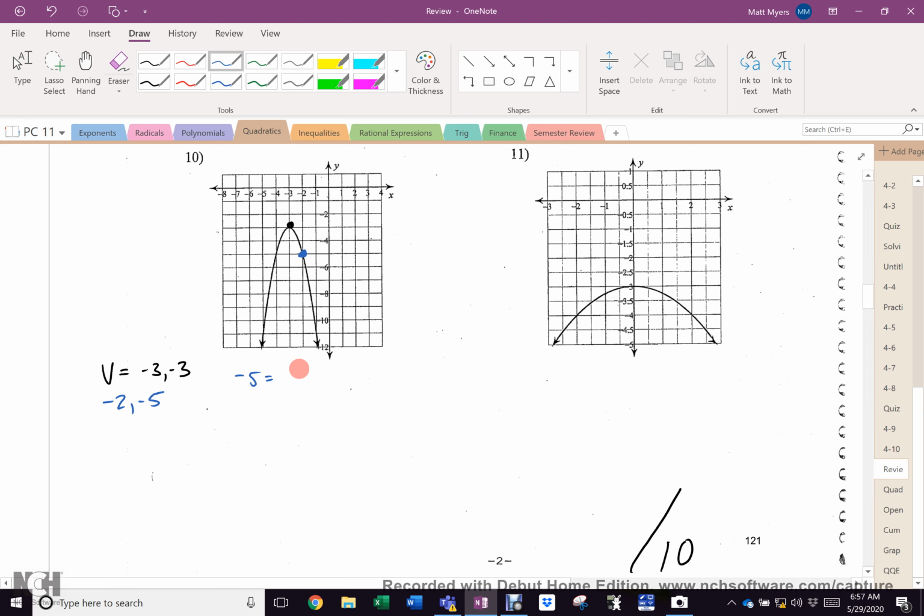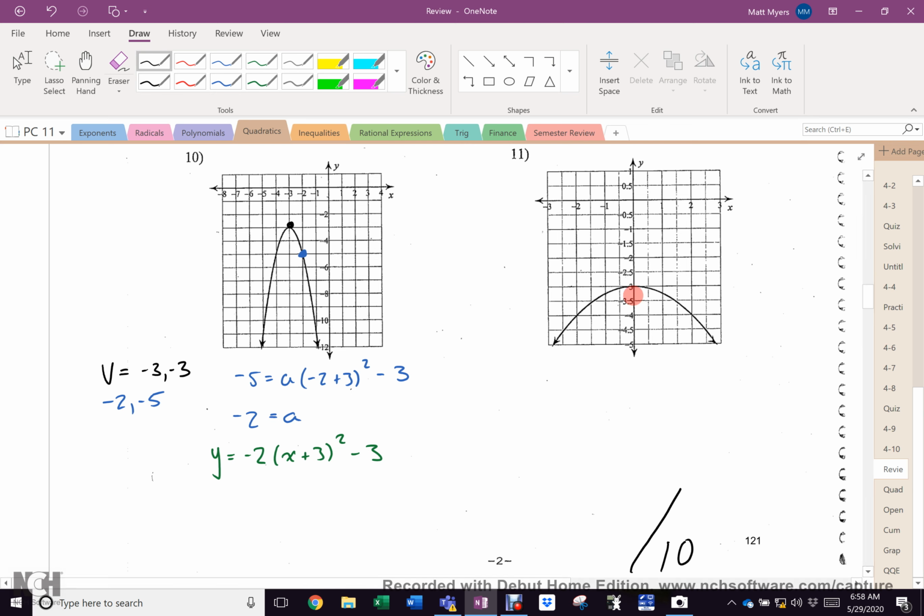Negative 5 equals a(x plus, not x, negative 2 plus 3) squared minus 3. Bring the 3 over. Negative 2 equals a(negative 2 plus 3, which is 1) squared, 1 squared is 1. Negative 2 equals a. So there's our answer. Y equals negative 2(x plus 3) squared minus 3.